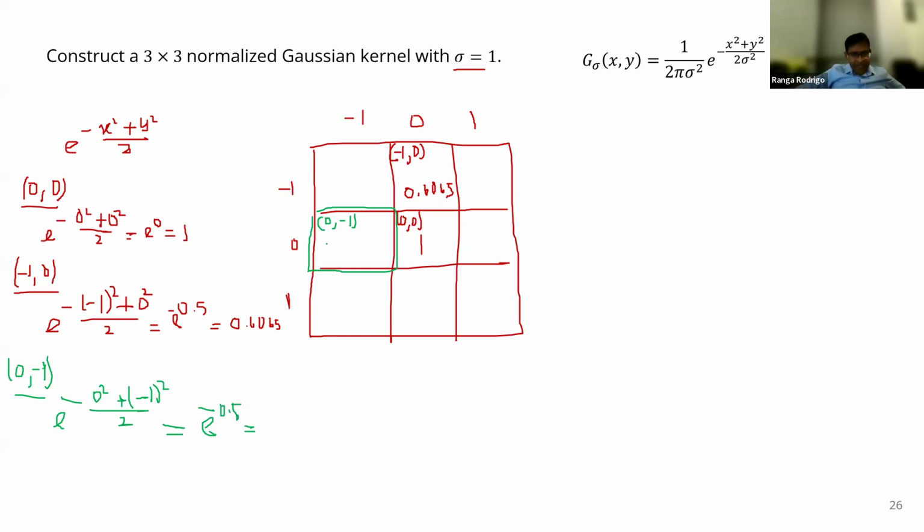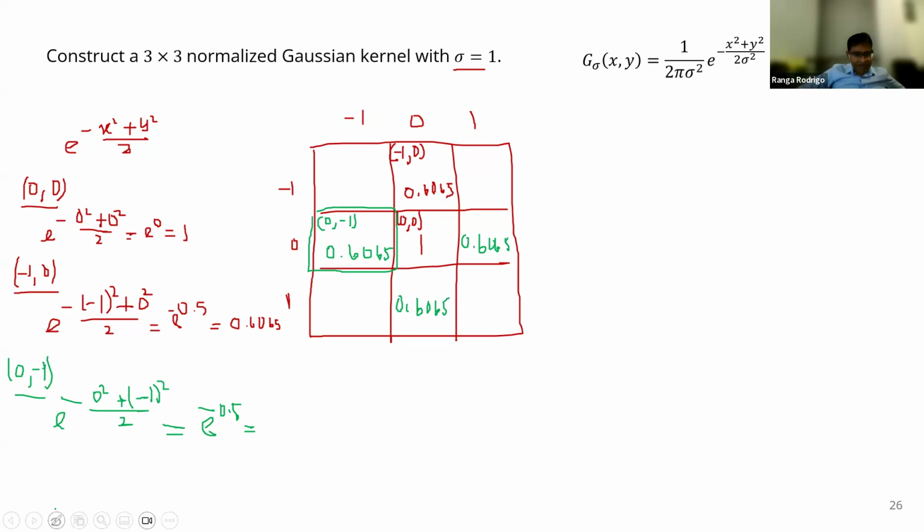So you can see this is 0.6065. This will also get that. This will also get that. Okay.